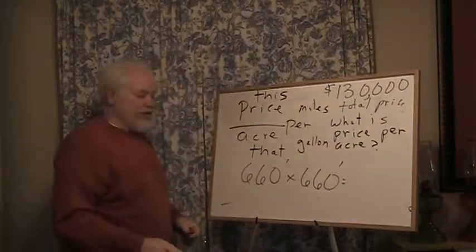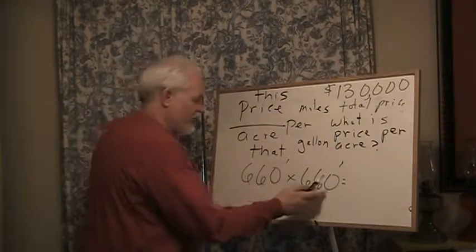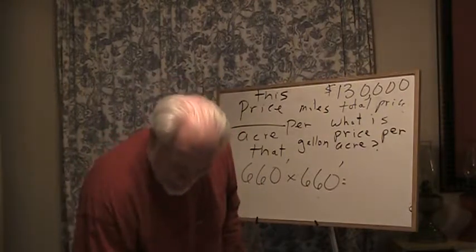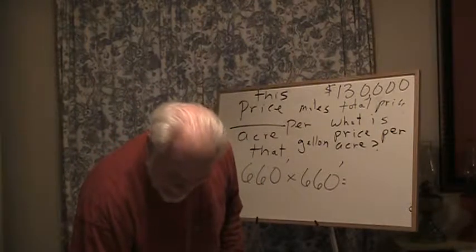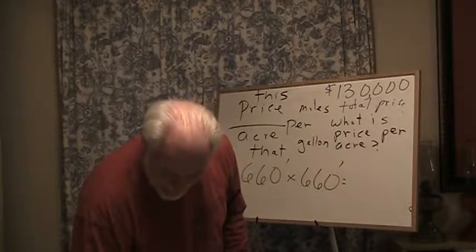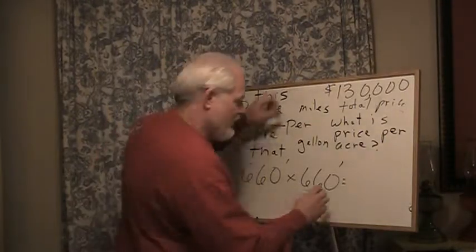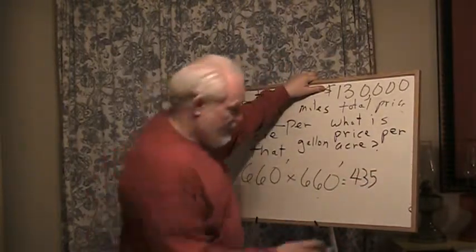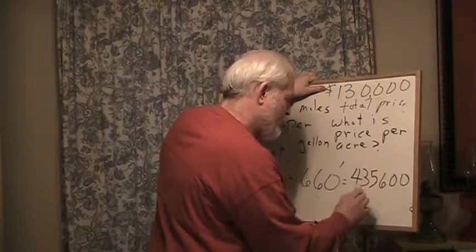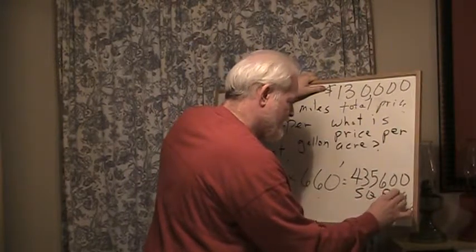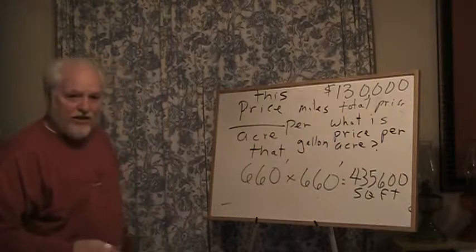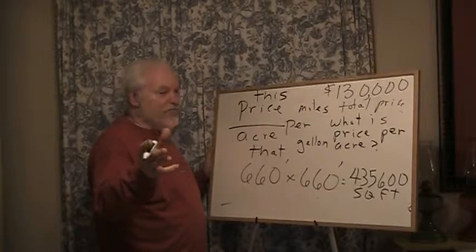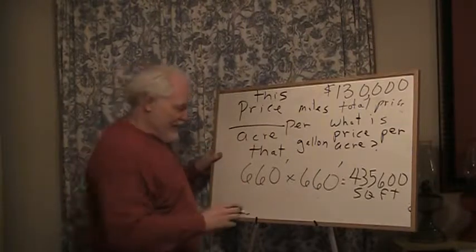All right, first thing we got to do is figure out how many acres it is. 660 by 660 equals 435,600 square feet. So that's how many square feet are in that piece of property. Now, you got to have it memorized how many square feet in an acre.